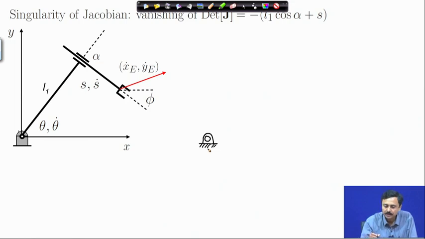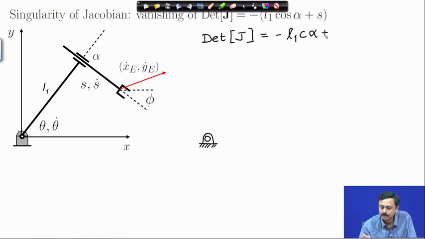So, what we are trying to determine is the configuration where the determinant vanishes.